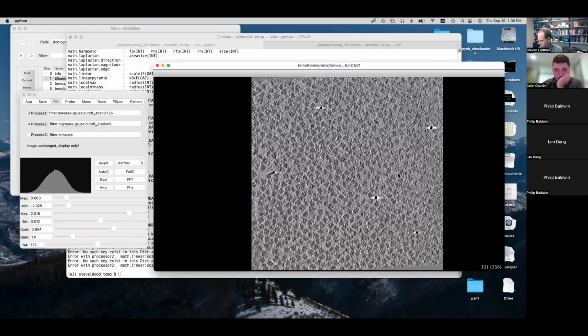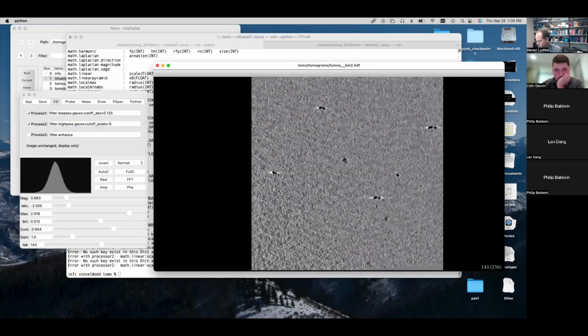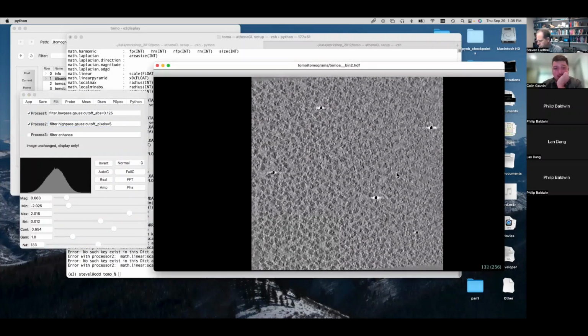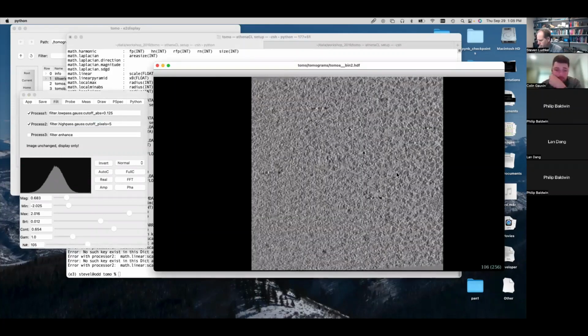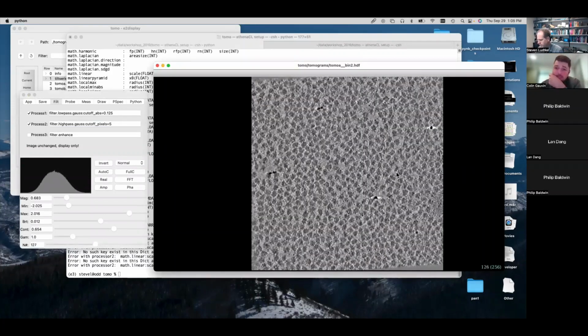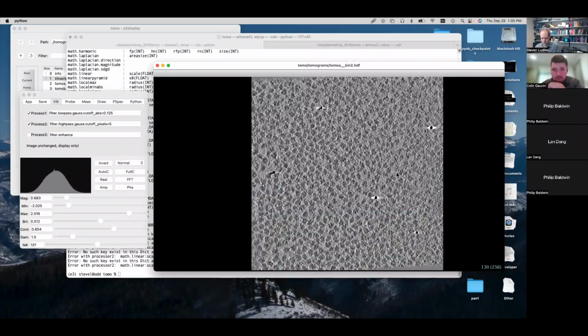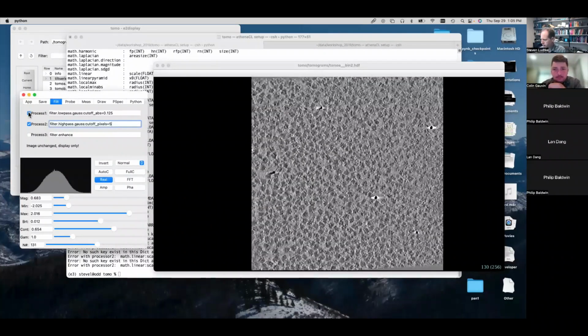And I don't know what else we might want to do. But anyway, you can see just a little low-pass filter goes a long way towards enhancing the apparent contrast of the tomogram, right? Before and after. I think this is just not a real good example. It's been downsampled a lot.